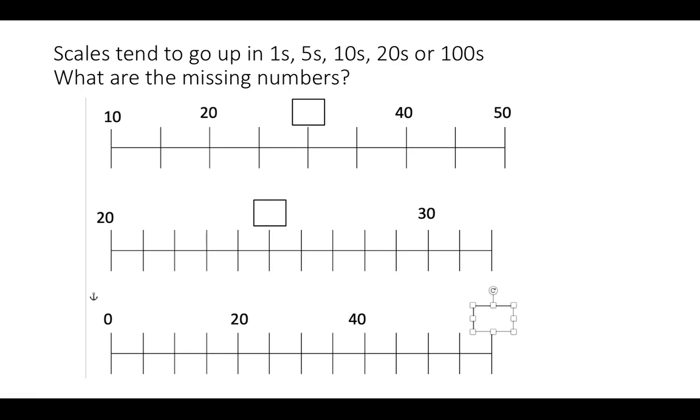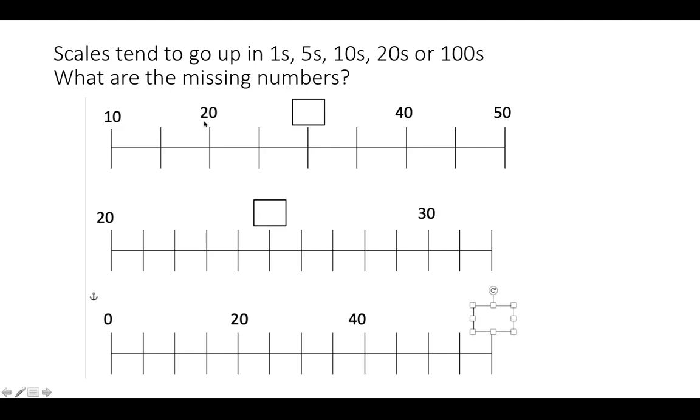So what are the missing numbers in this scale here? Let's have a see. I've got 10, 20, something, 40, 50. What's it going up in? So if it went up in 1s, it would be 10, 11, 12.